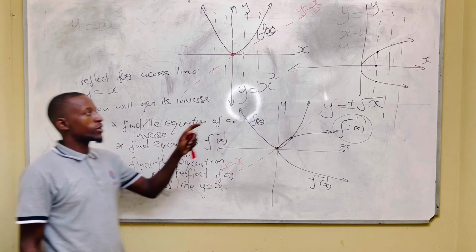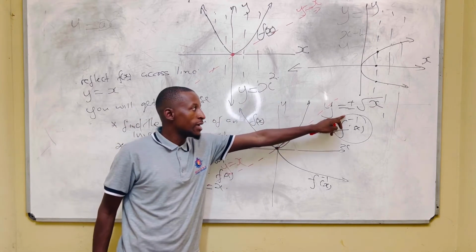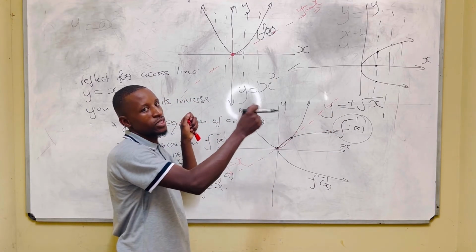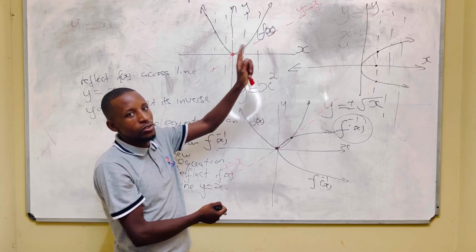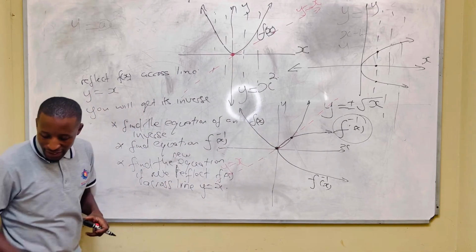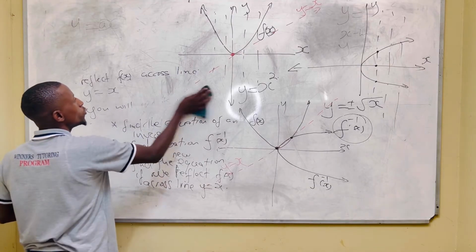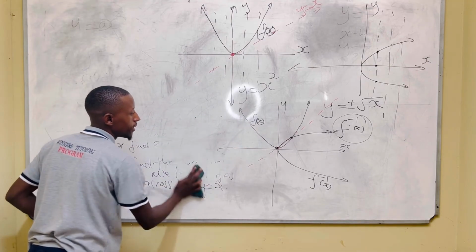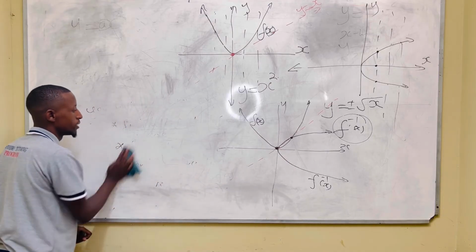I've shown you how to get the equation of the inverse and how to draw the inverse using that Wiener's method: turn the paper, tilt it to the right once, then you trace the shape. Another thing is that these two graphs have points of intersection.